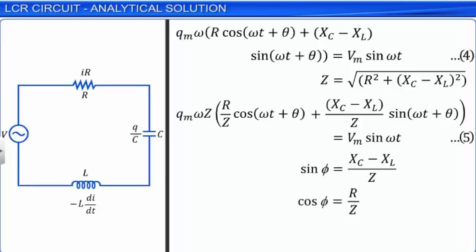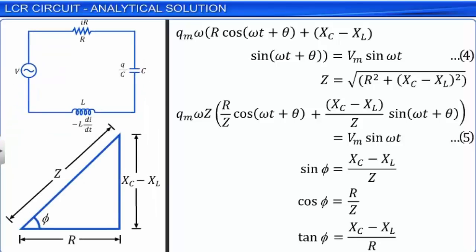Now, sin phi by cos phi will be equal to tan phi, which will be equal to (XC minus XL) by R. If the relations between Z, R, and XC minus XL are represented through a diagram, they form a right-angled triangle as shown.